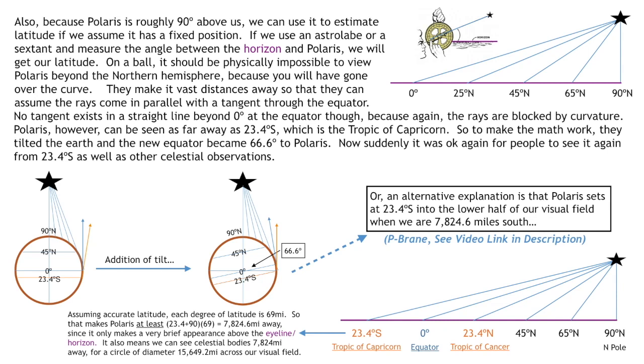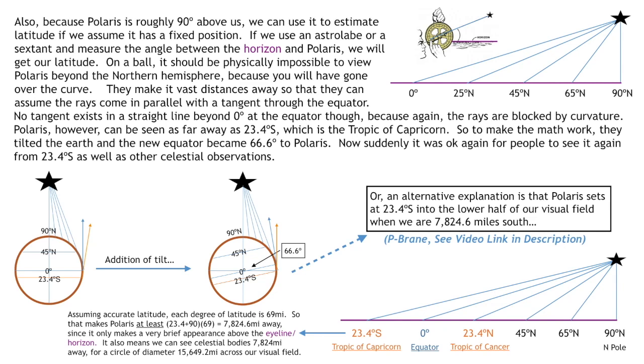So it also means we can see celestial bodies 7,800 miles away. So for a circle of diameter of about 15,600 miles across our visual field. So at the least, we know that is the limit to our diameter of vision across which we can observe celestial objects.